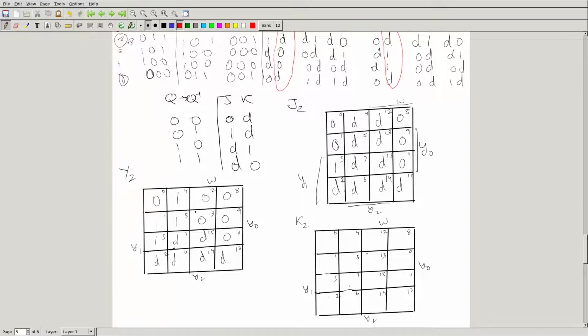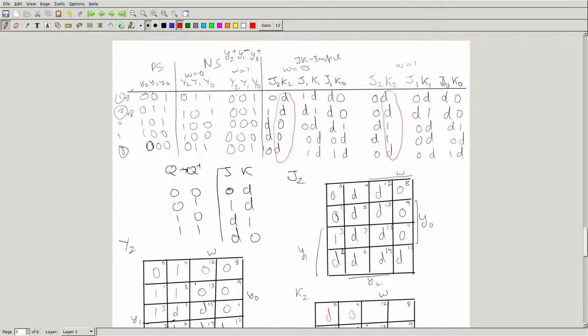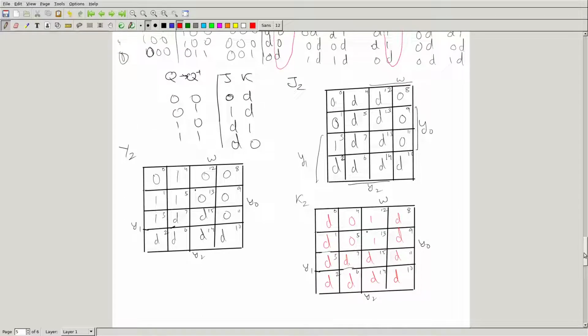Wherever there were D's in J, we get D's, and wherever we fill up J, we get 0 and 0 for K. And where Y2 is D, we get D. For w equal to 1 part, we get 1 here and D. D 1's for 12 and 13 and D's for everything else.